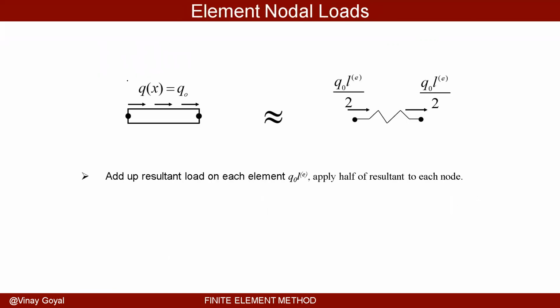So it makes sense: if the element length is LE, the total force is Q naught times LE. I'll put half of that here and half of that here. That makes sense.